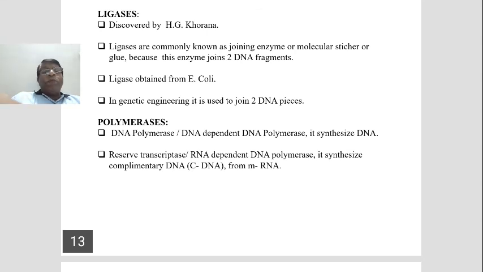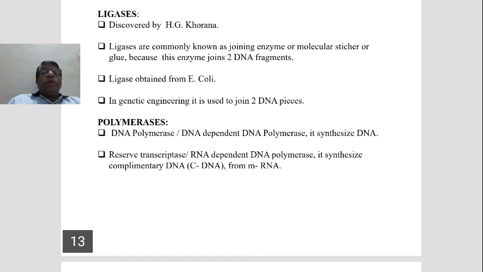One more enzyme is there called reverse transcriptase enzyme. From this enzyme, a complementary DNA is produced. From this enzyme, cDNA is synthesized. How? Look here now. A brief explanation will be given.